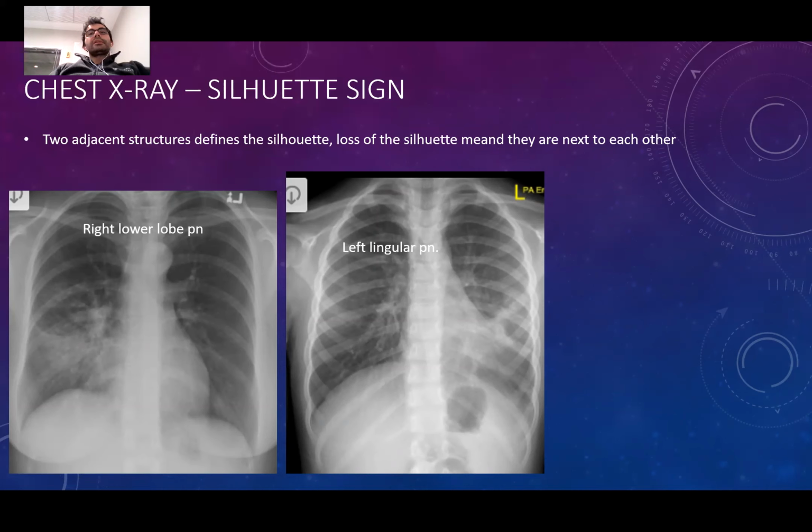For example, when there is left lingula pneumonia, I will have a hard time seeing the left border of the heart. Usually the left border is quite visible, unless there is a very big case of cardiomegaly. Also in right-sided pneumonia, I can hardly see the right border of the heart. So the silhouette sign can be a tactic that we can use to differentiate the locations of the lesions.